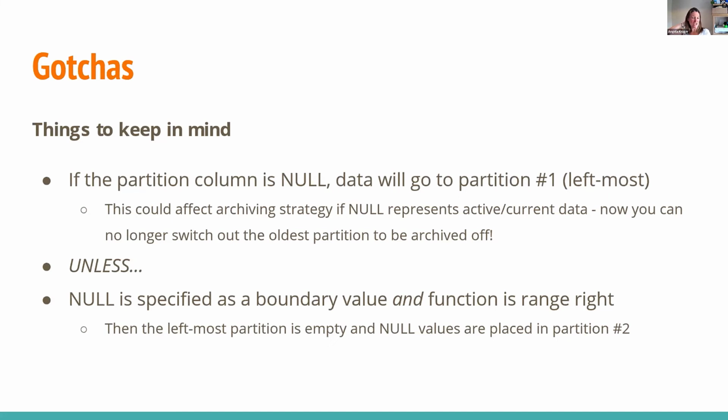So a recommendation I'd say from most architects and DBAs out there would be, don't make your partition key null. Don't even make it nullable. Force it to have a value so that it has a place, because everyone and everything wants to belong somewhere, right? Even data.